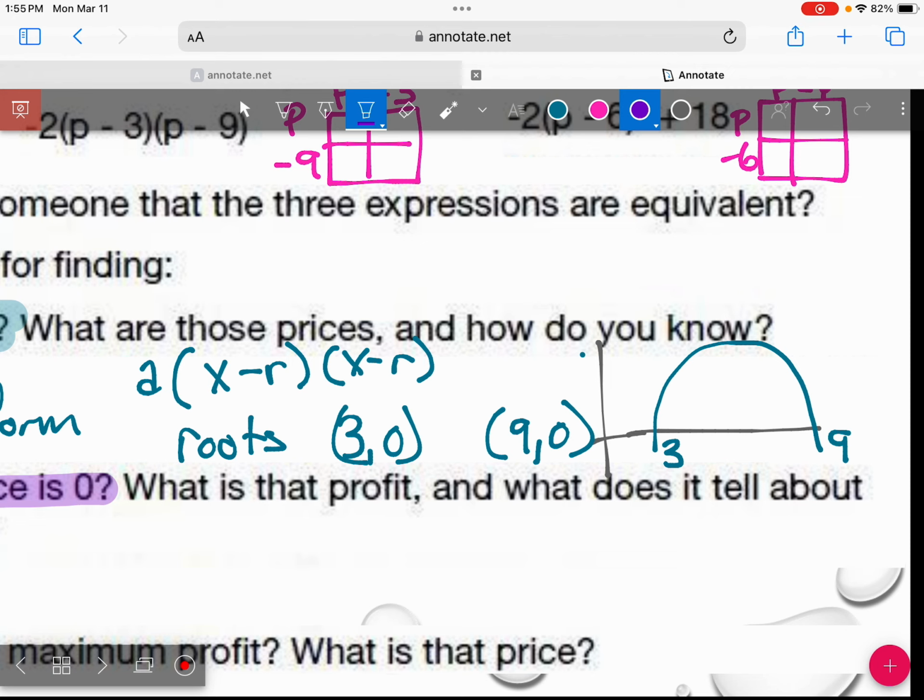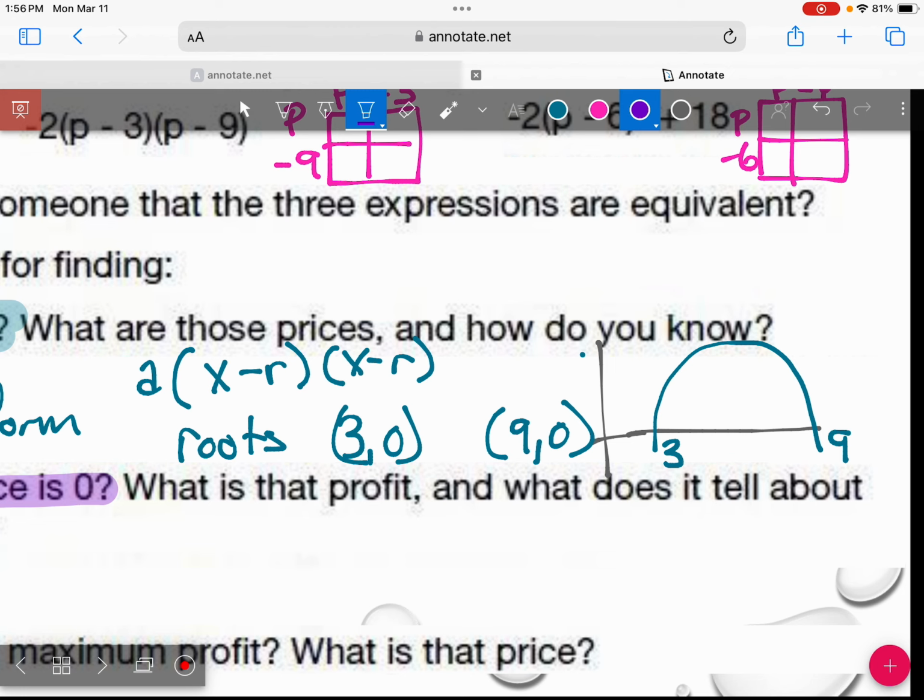What's on my y-axis? Profit. Because we looked at here, our break-even prices happened when our profit was 0. So what is our profit going to be when our price is 0? Is it hitting here?